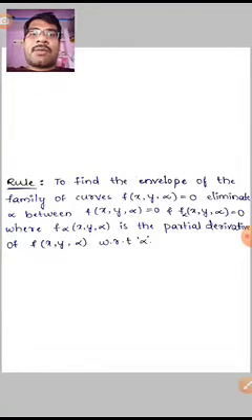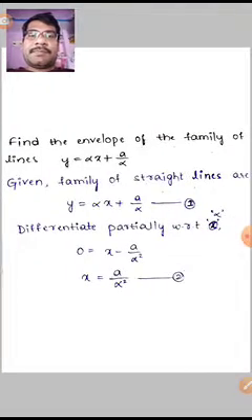Here we are getting two equations. In these two equations we have to eliminate the alpha. We get an equation, and that equation is the envelope of the given family of curves.